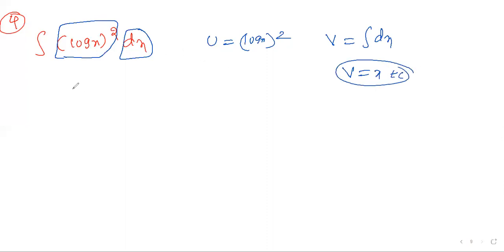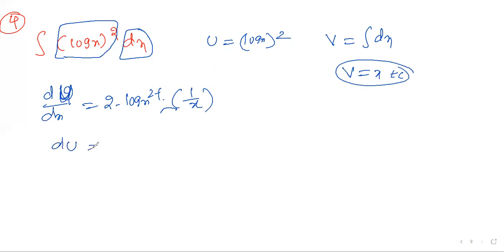Then u means what? Here u is equal to log x whole square, so du by dx is equal to 2 into log x power n minus 1. Then d by dx of log x is what? 1 by x. So du is equal to 2 log x by x into dx.